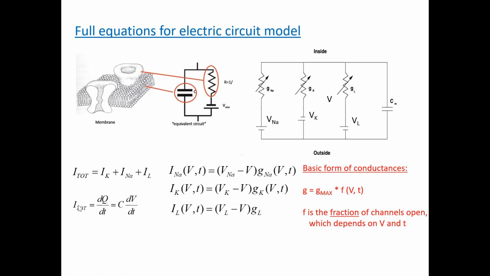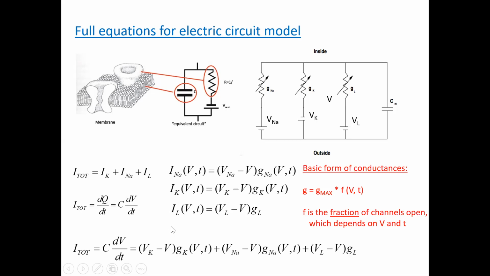So we can write the current is equal to C dV/dt, which is equal to the sum of these three currents. And so we have C dV/dt is equal to g_K (V_K minus V), and so forth.